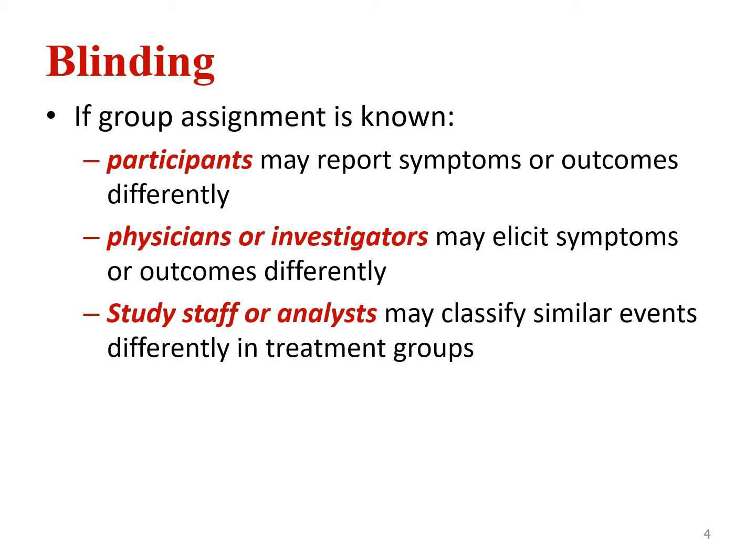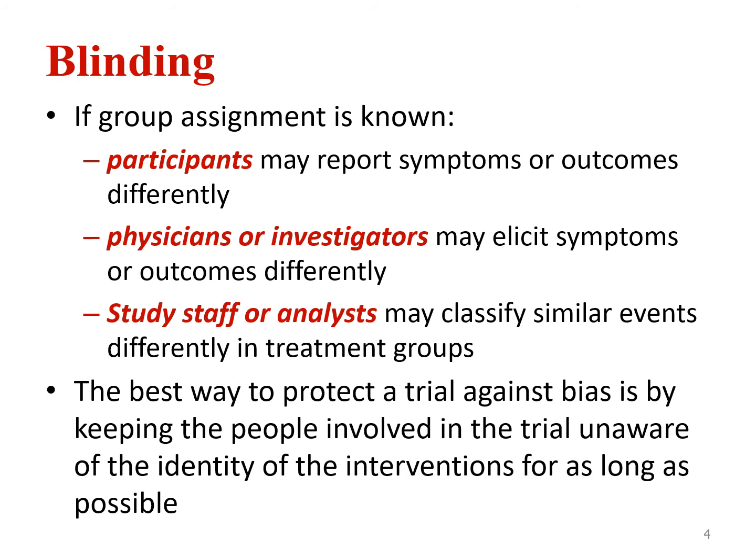Analysts may classify similar events differently in the study group. Bias arises from these three sources in a trial and systematically distorts the study results. The best way to protect a trial against these three biases is keeping the people involved in the trial unaware of the identity of the groups and intervention for as long as possible. This is called blinding.